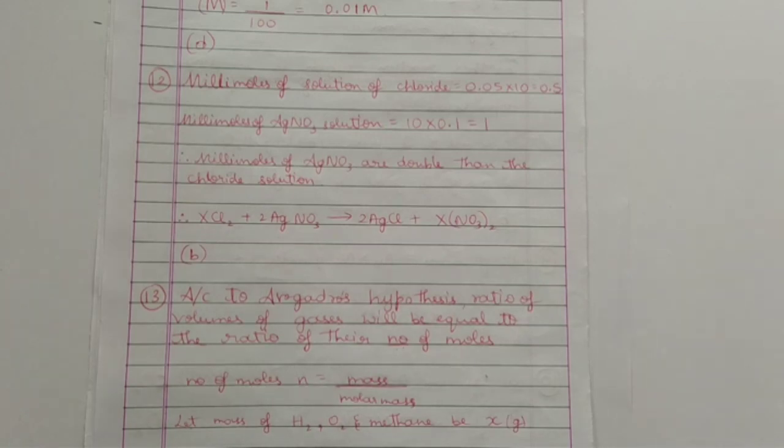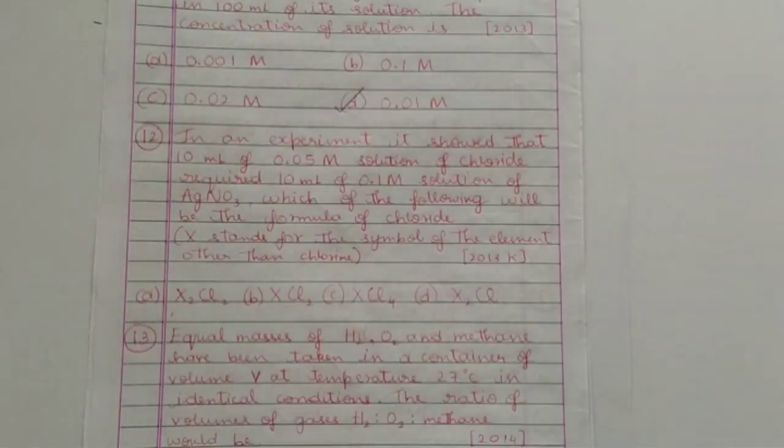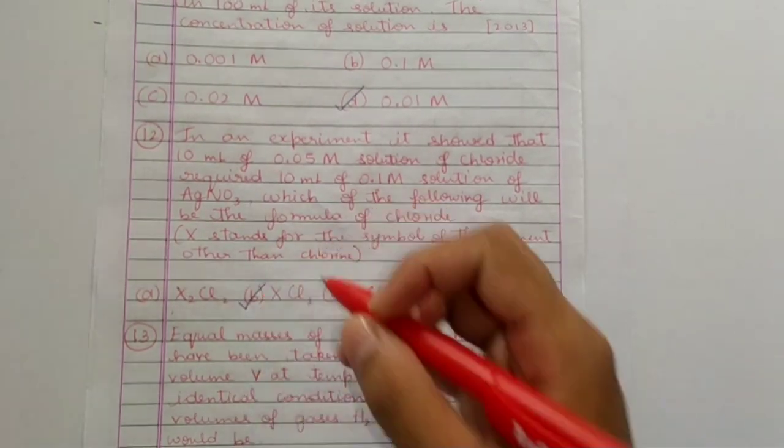Millimoles of AgNO3 solution is equal to 10 × 0.1, which is 1. Therefore, millimoles of AgNO3 are double than the chloride solution. Also, XCl2 plus 2AgNO3 gives rise to 2AgCl plus X(NO3)2. Therefore, it should be option B, XCl2.